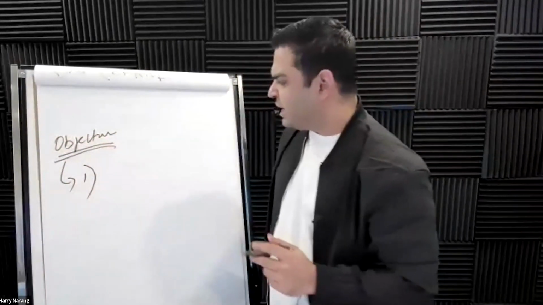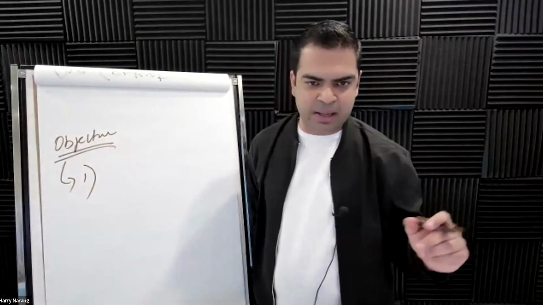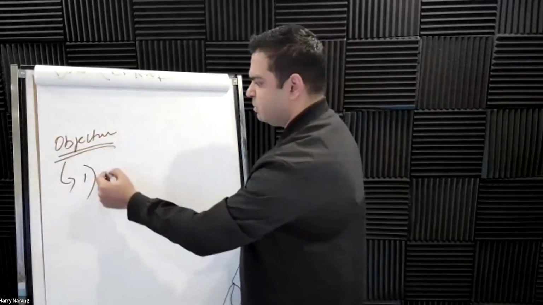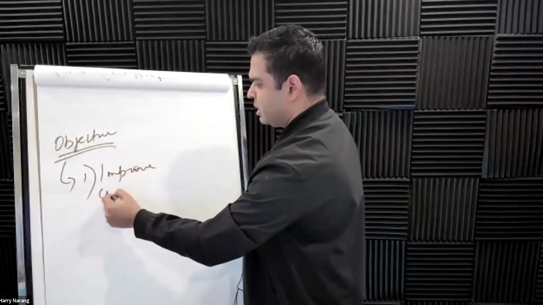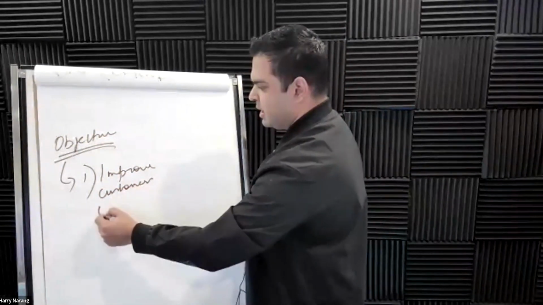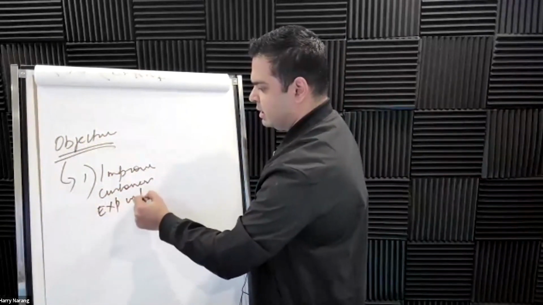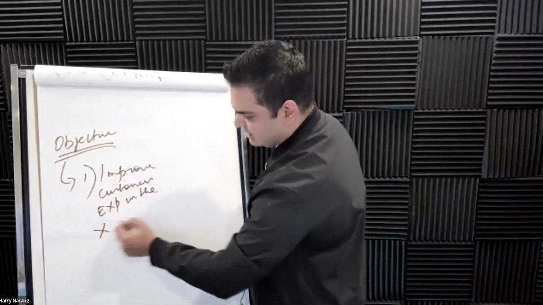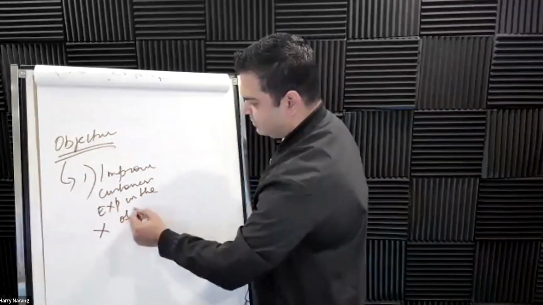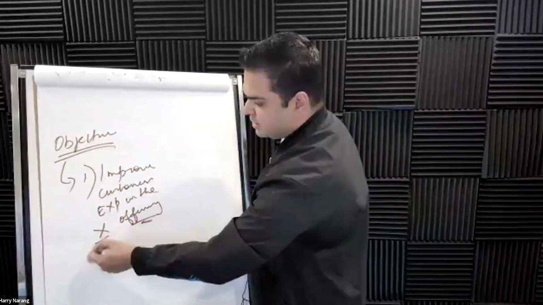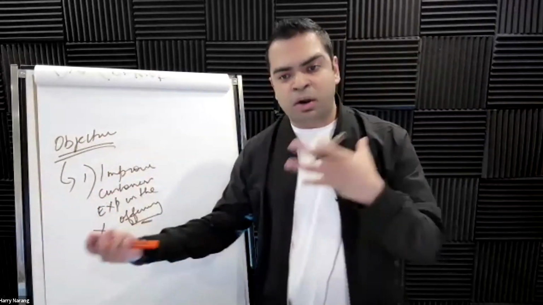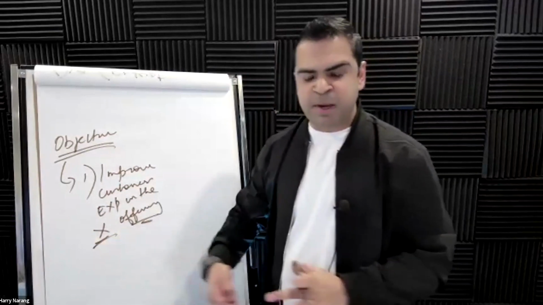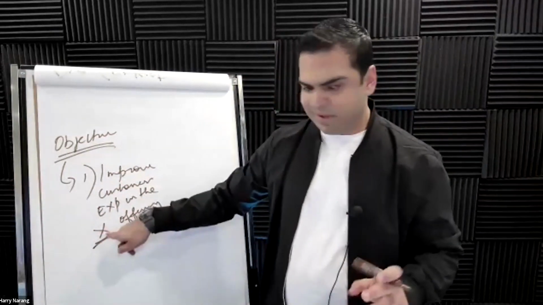An objective for your specific business context could be improve customer experience in the X offering. Fill the X for whatever you have, right? Improve customer experience in the order management offering. Improve customer experience in the video delivery offering. So you can fill the X.